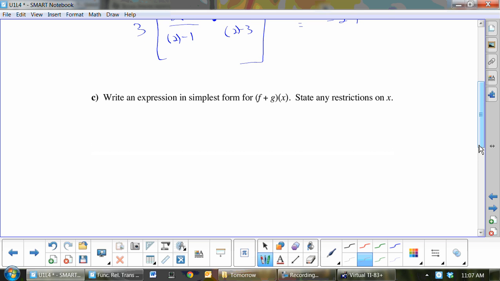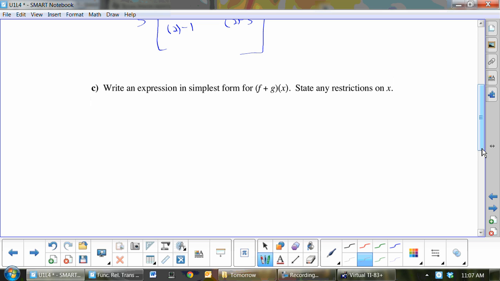Okay, write f plus g of x. Now this is a pretty difficult question. Before I start this question, I want to go back to grade 7, grade 8, because I need you to be able to remember how to add fractions. This is how you should have been taught to add fractions.